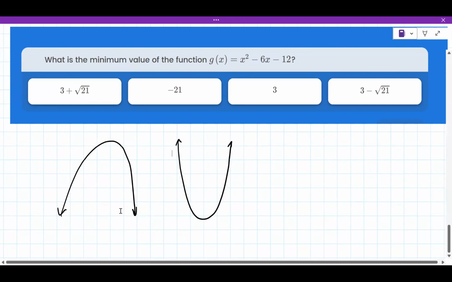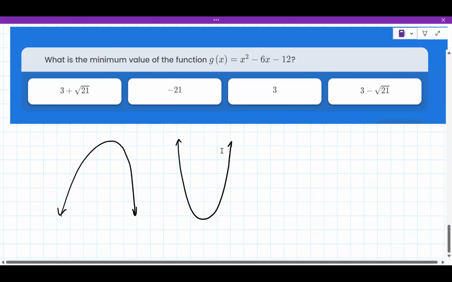It has a maximum. Oh, dang it. If you've ever been hiking, the maximum is like the peak. You get to the top, there's no further to go. In this other one, it's a little bit more difficult to think about because we usually don't climb to the bottom, but you can think of being here at the bottom. The bottom is the minimum.